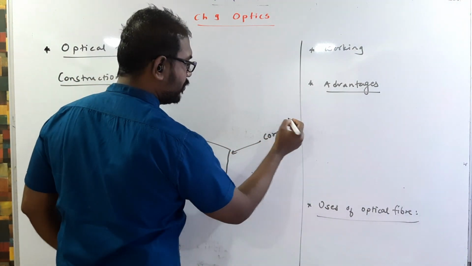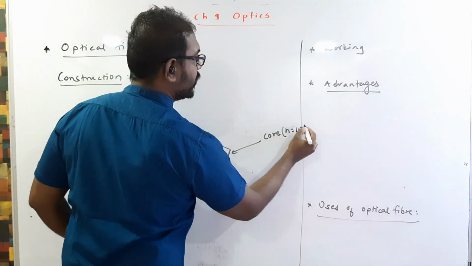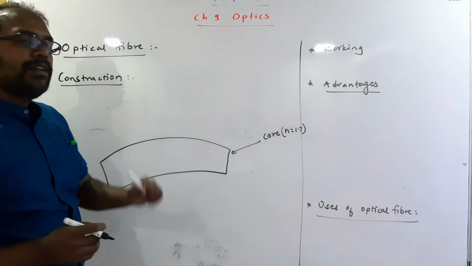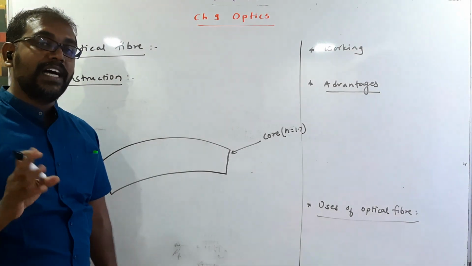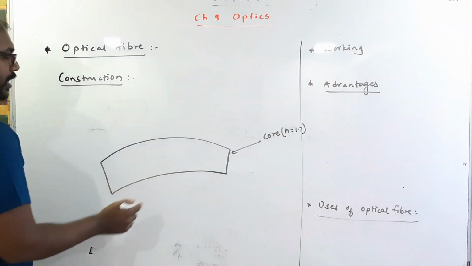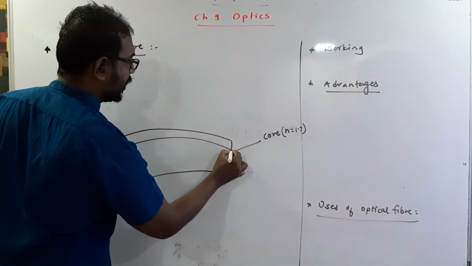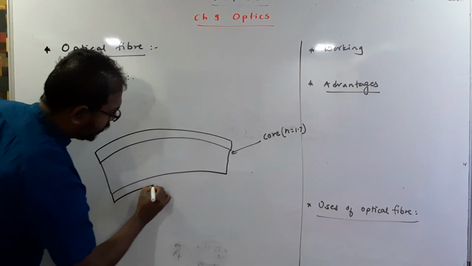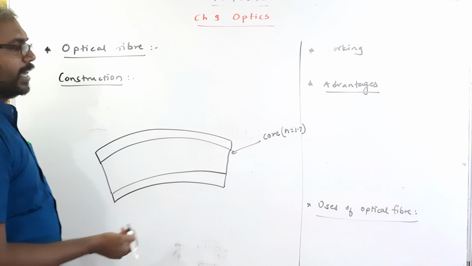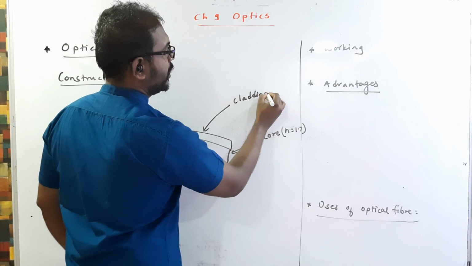This core has a refractive index of about 1.7. These are approximate values for your understanding only. This central part is made from high quality glass or quartz whose refractive index is 1.7. This core is surrounded by a material whose refractive index is less than that of the core, and this material is called cladding.